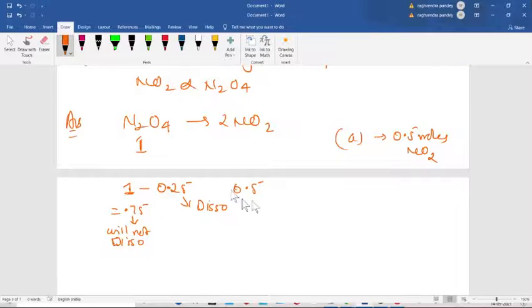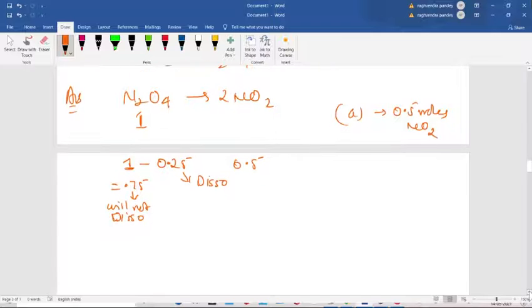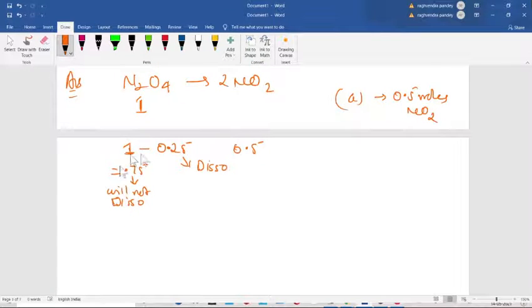Now if you see average mass, we have to calculate average mass. Now how many of N2O4 are remaining? 0.75 are remaining in the mixture. They have not reacted, so they will remain as N2O4.